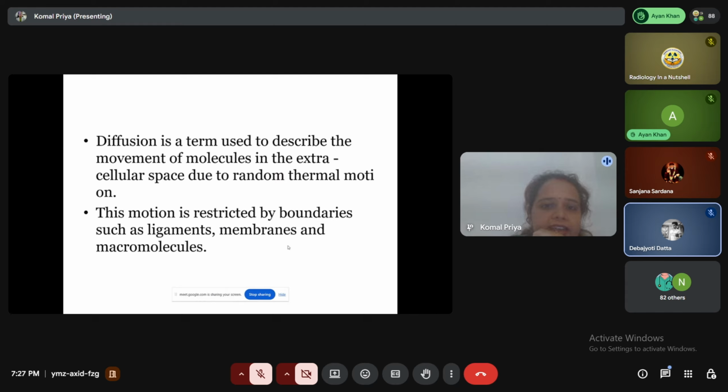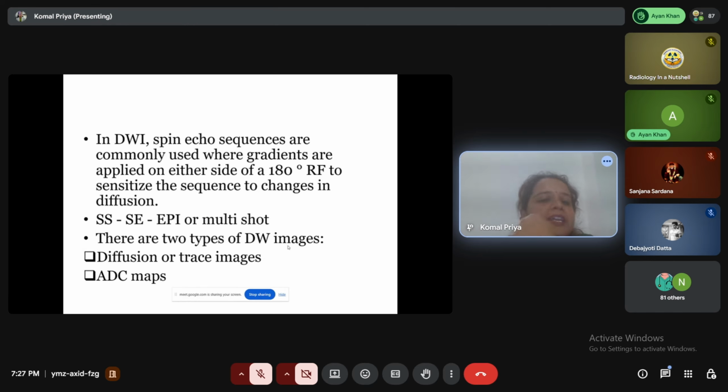Yeah, lower, that's what we saw. And we discussed how we can acquire this by applying a 180-degree rephasing pulse on either side, right? So there are two types of diffusion weighted images: first is your diffusion or trace image, and next is your ADC map. Two types of images are generated when acquiring diffusion weighted imaging in MRI.